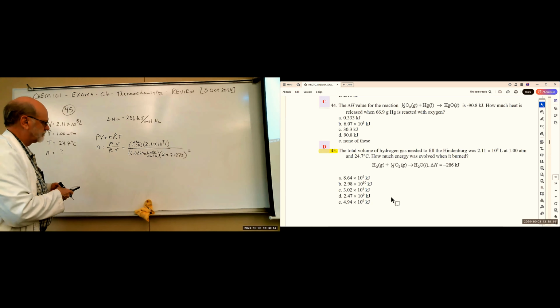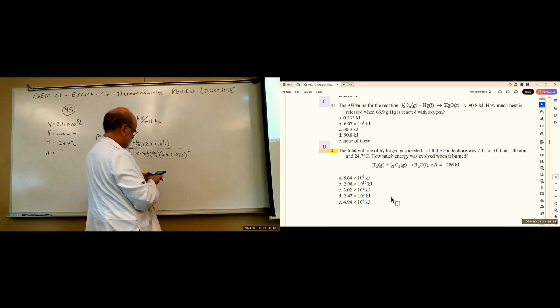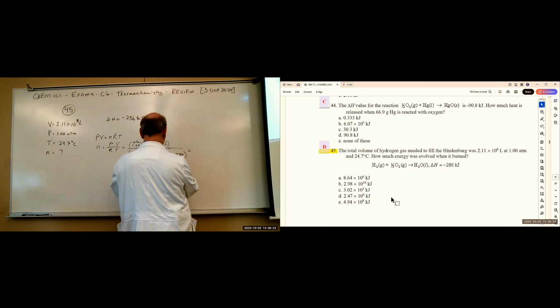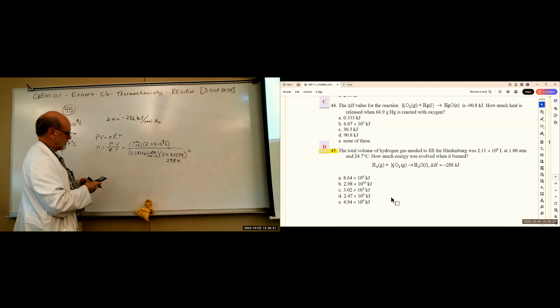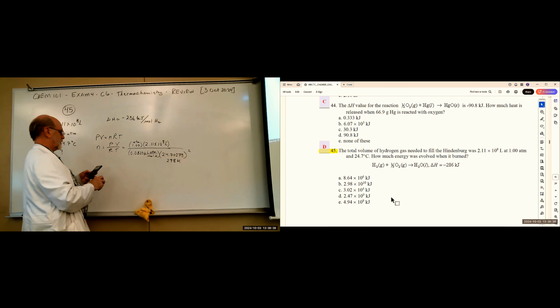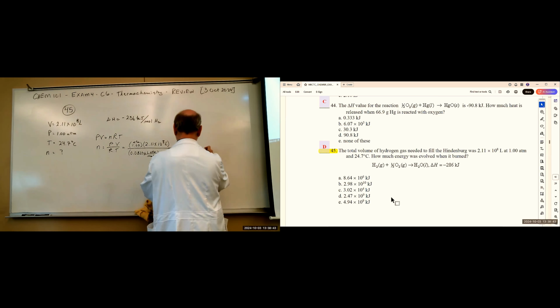No, I didn't do that. Let's start this over. 24.7 plus 273. That's 298. Okay. Now 0.08206 times that. And 2.11 exponent 8 and put those divide. That looks better. This is 8.64 times 10⁶ moles of hydrogen.